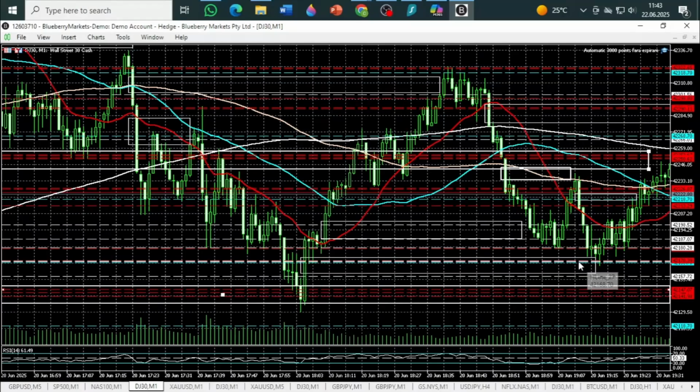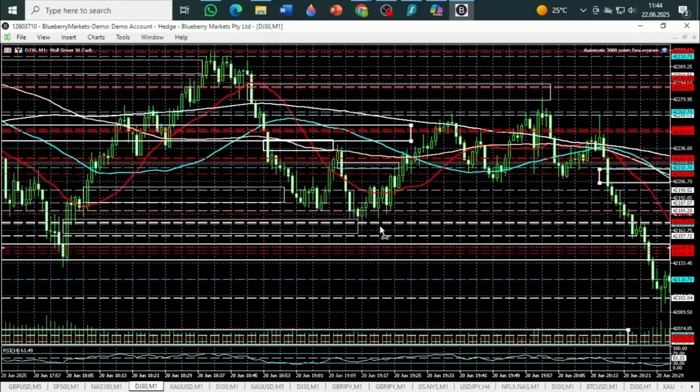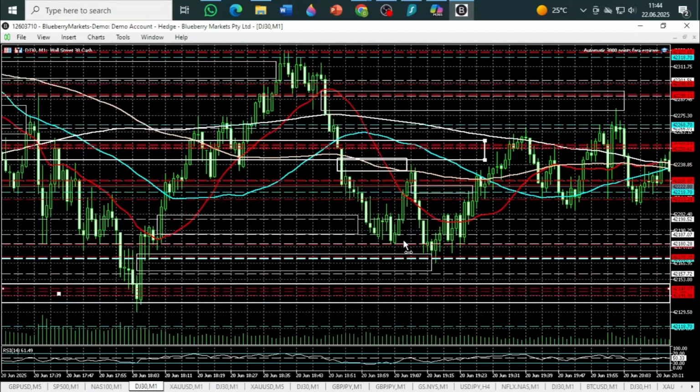So this fair value gap is an important tool to estimate the start of the trend and the end of the trend, and even some retraction.